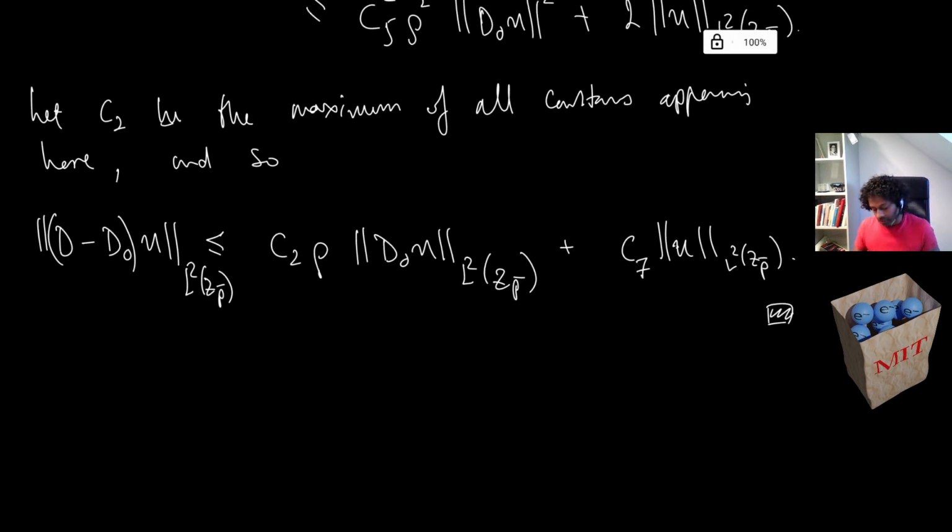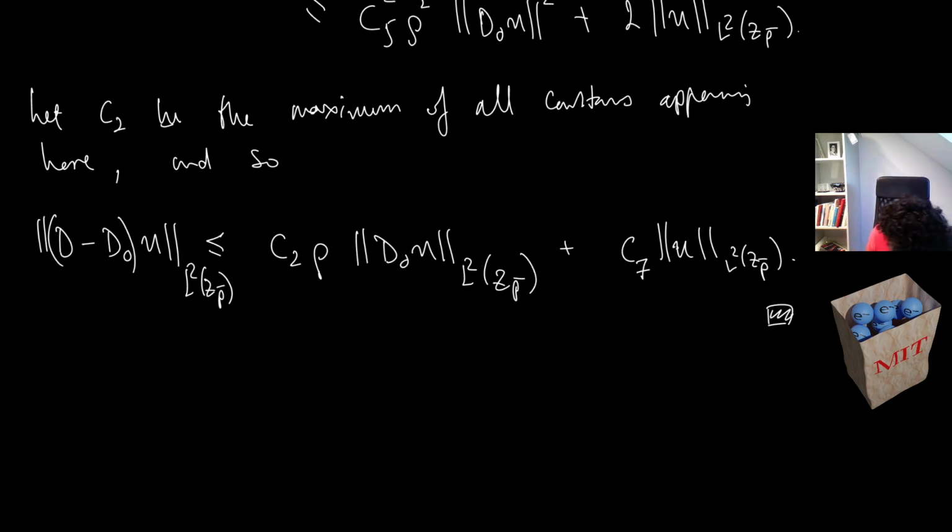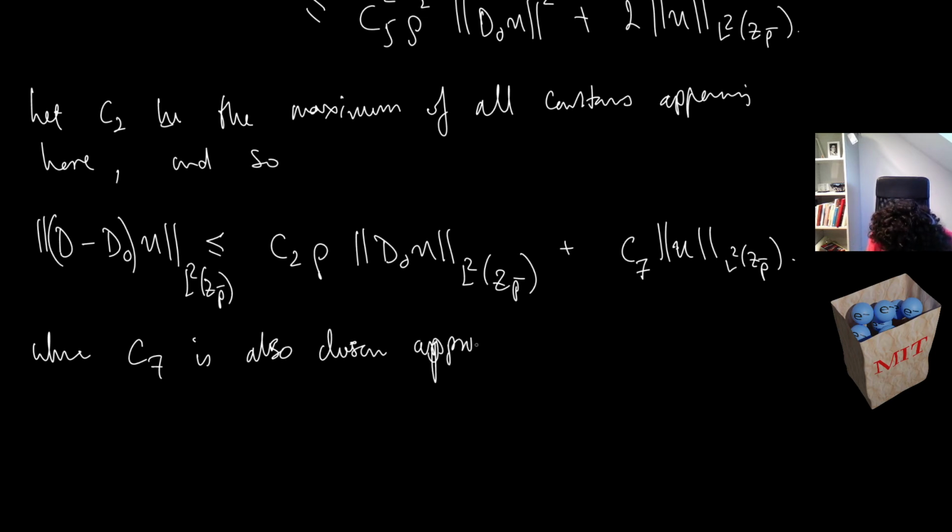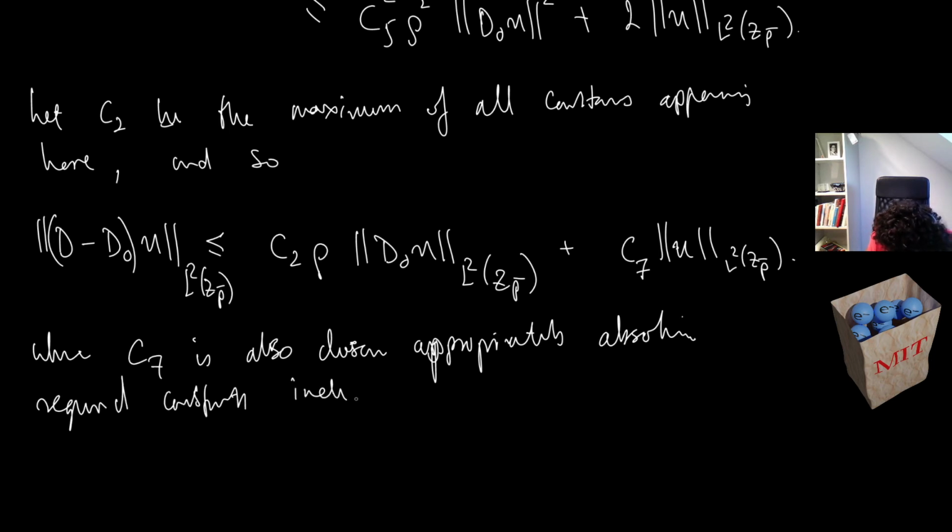Yes, that's right. So you can also majorize this all by R prime, right? Where C7 is also chosen appropriately, absorbing required constants, including rho, which is less than R prime.